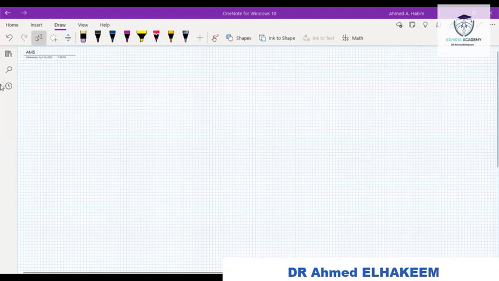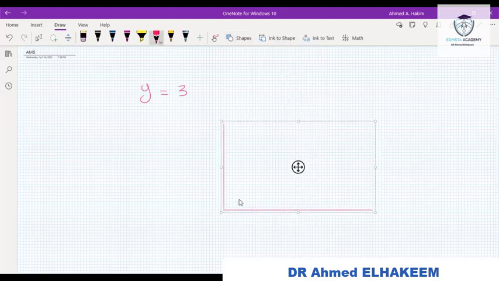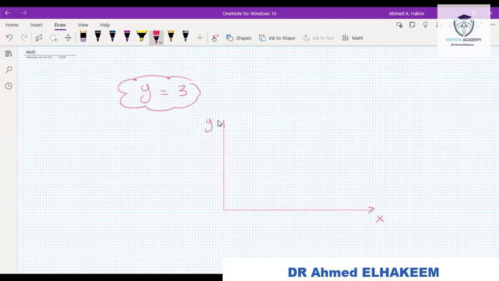Again, if I want to draw y equals 3, I have here the x and y axes. You see them? This is y and this is x. How can I draw y equals 3? What do you think?